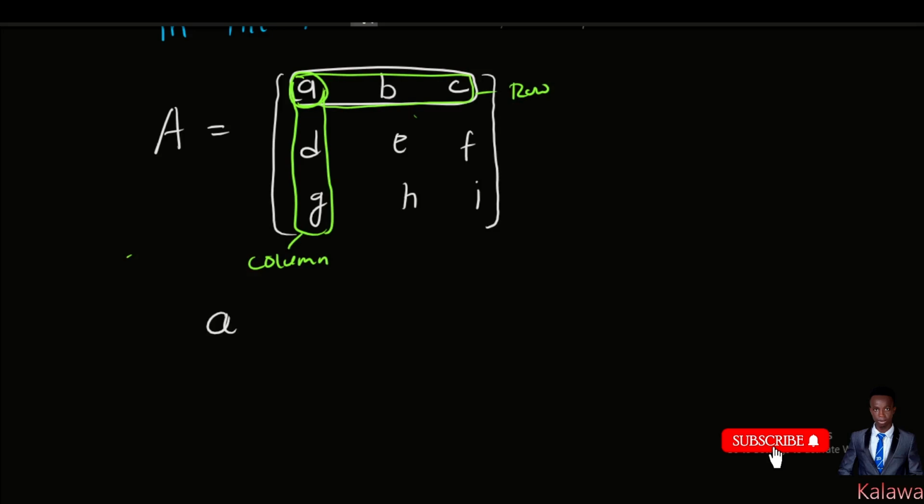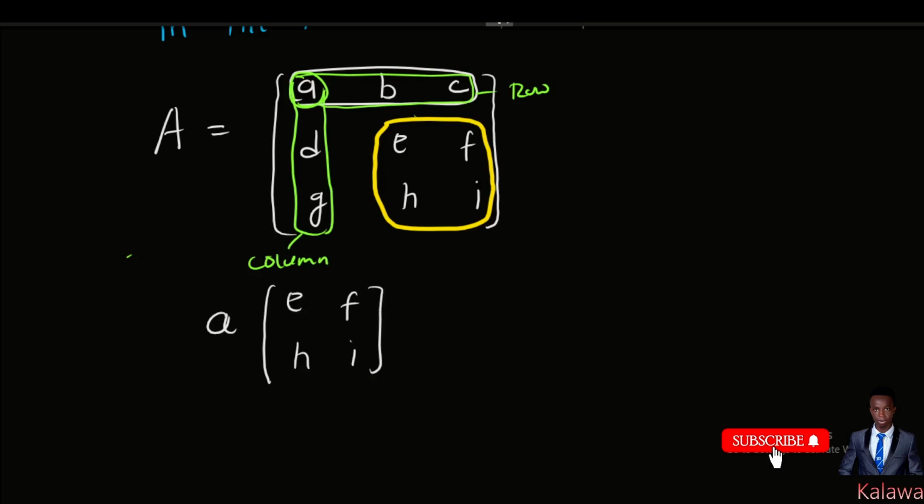Whatever remains is known as the minor. We can see that the remaining here is E, F, H, I. So the minor for A is E, F, H, I. And we also move on with the sign minor.